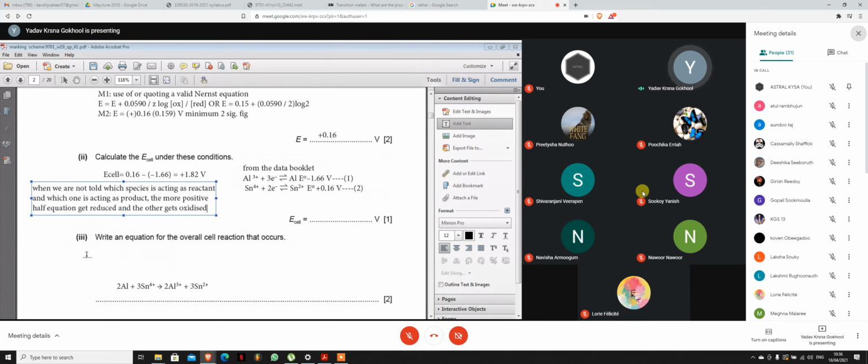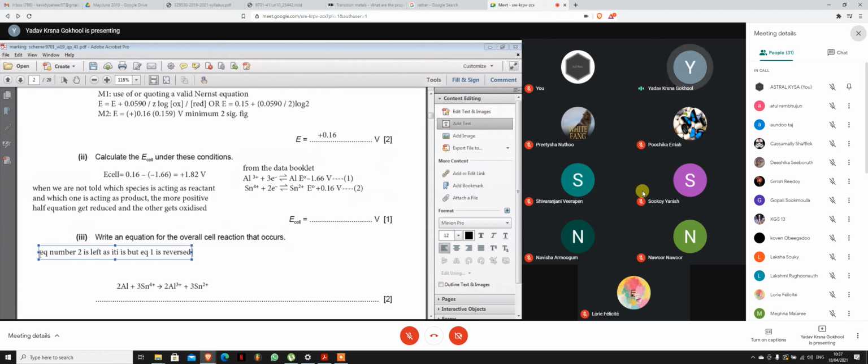So which one is more positive over here? It is the Sn4+. So equation number 2 is left as it is, but equation number 1 is reversed.